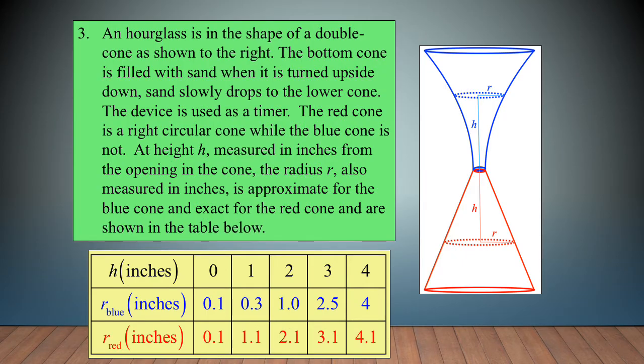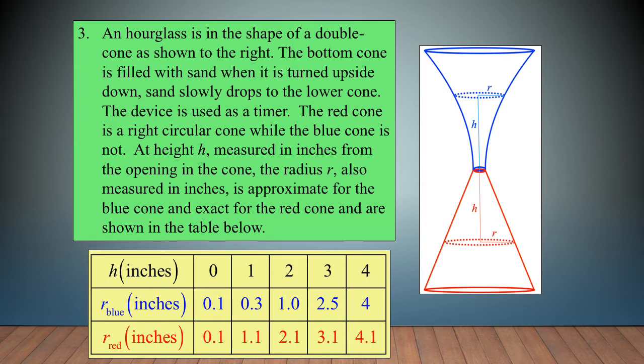Problem 3 reads, an hourglass is in the shape of a double cone, as shown to the right. The bottom cone, shown in red, is filled with sand, and then when it is turned upside down, sand will slowly drop to the lower cone, which now is in blue. The device is used as a timer.